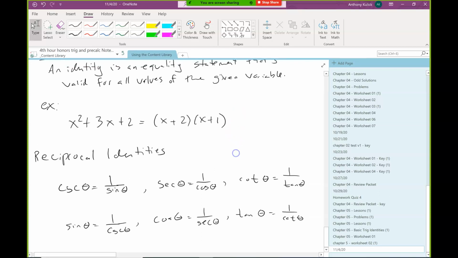So we have these 6 reciprocal identities that we're already pretty familiar with.